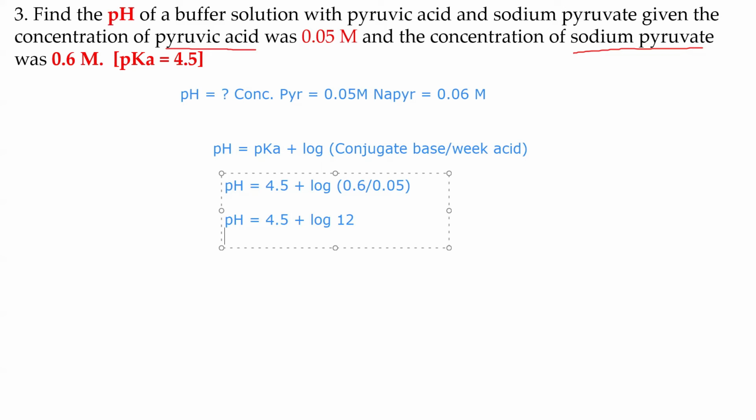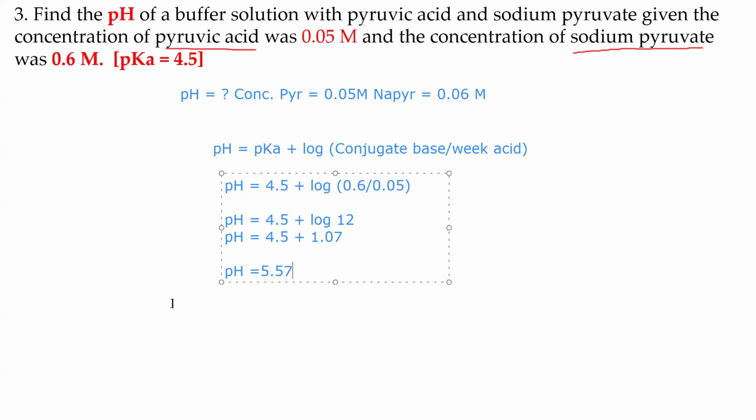So pH is equal to 4.5 plus 1.07. At the end we have 1.07 plus 4.5, which is 5.57. So our pH is equal to 5.57, and that is the answer.